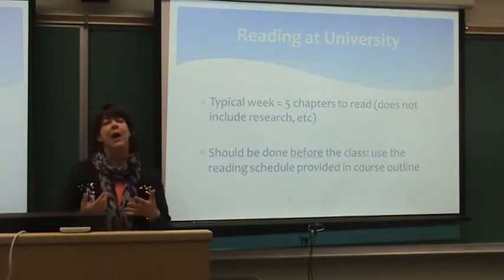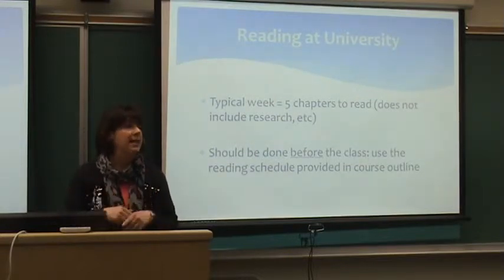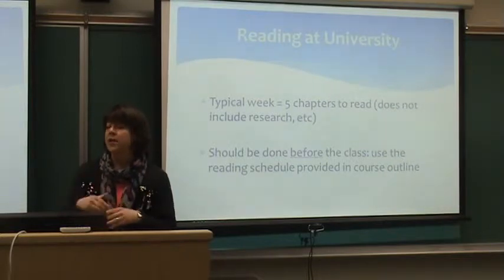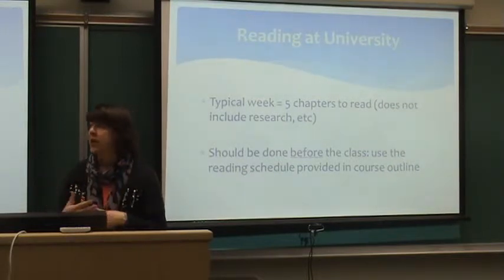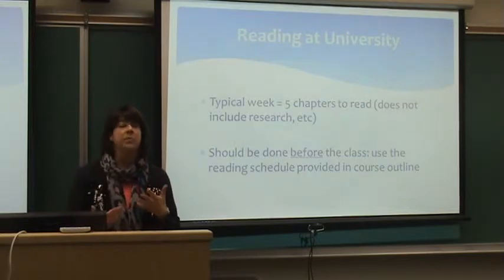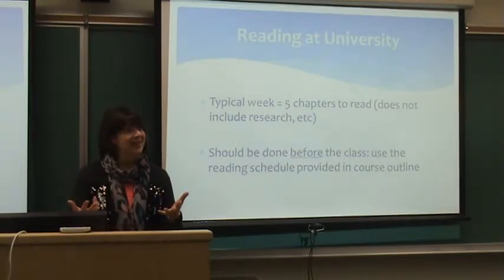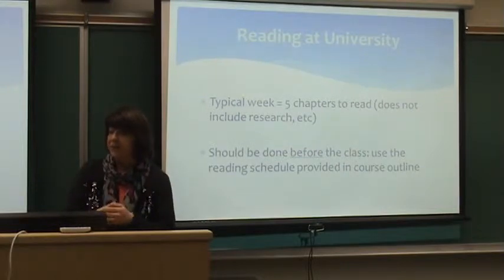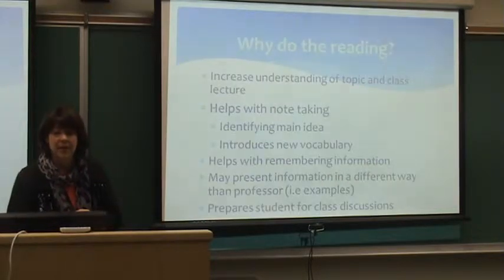So for example, if you have a Wednesday night class, on your course outline it will probably say, for this week, let's say you need to read chapter 8. The professor is going to believe that you have done that reading before you get to class at 7 o'clock tonight. All right? So we want to get it done before we get to class.